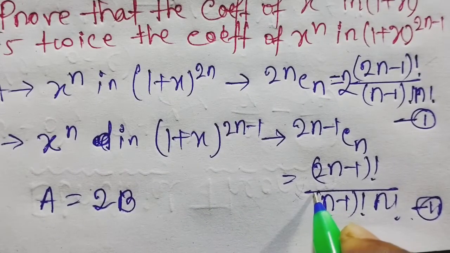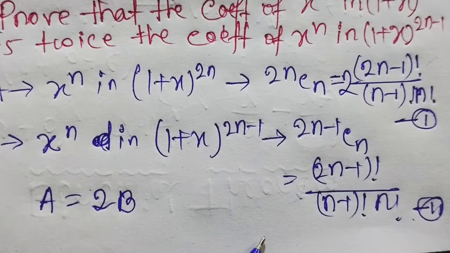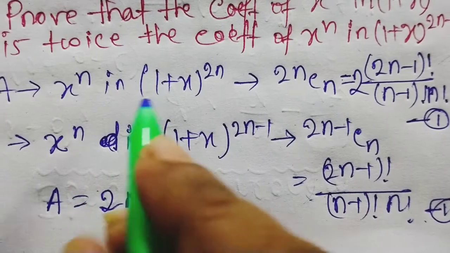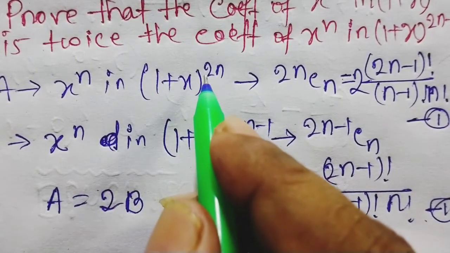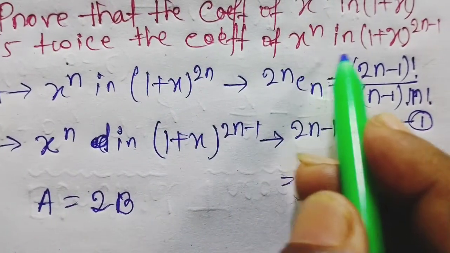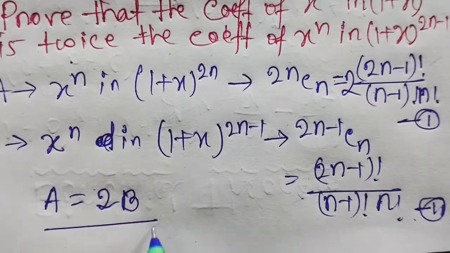Just multiply this function by 2, then it's equal to the other. So therefore the coefficient of x to the power n in (1 + x) to the power 2n is equal to twice the coefficient of x to the power n in (1 + x) to the power 2n minus 1. It's clear, everyone?